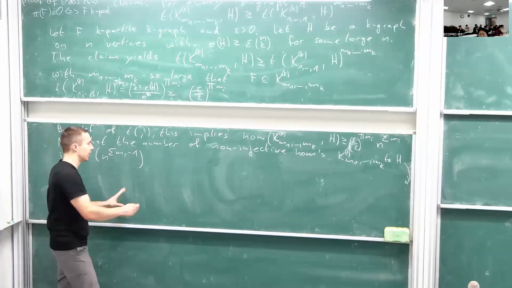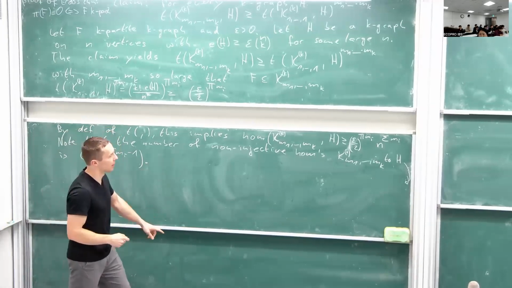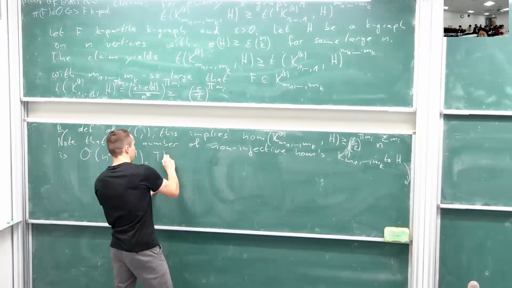And therefore we have an injective homomorphism, and then a copy of this one.